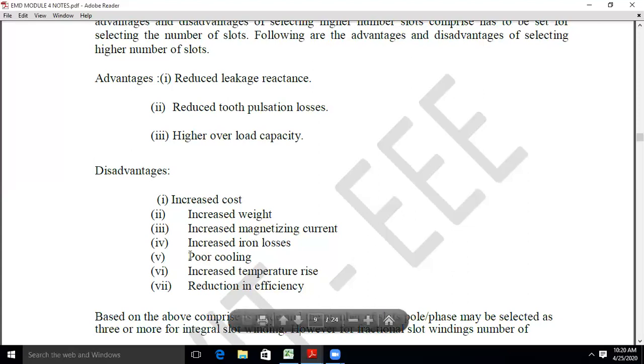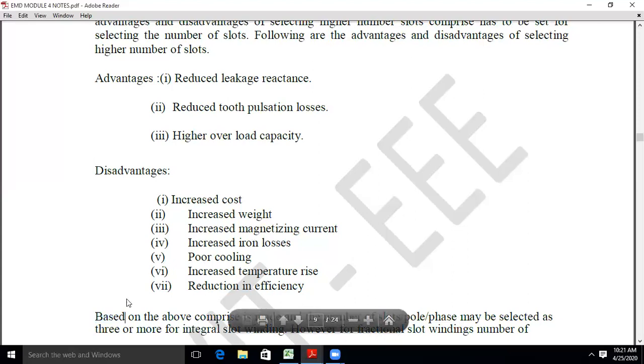Then poor cooling, increased temperature rise, and reduction in the efficiency.